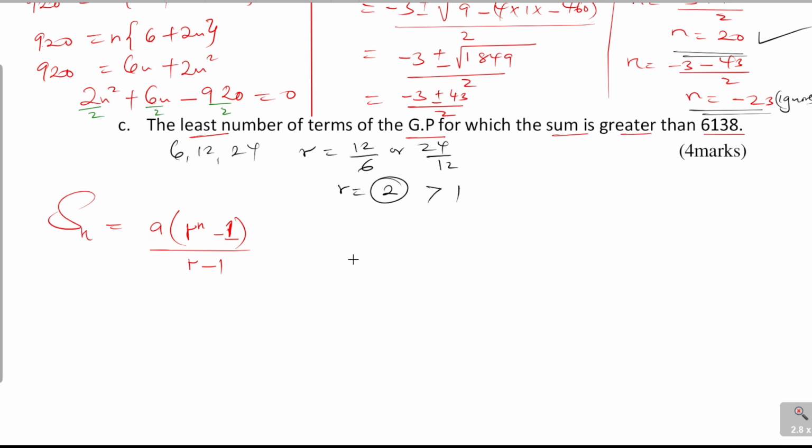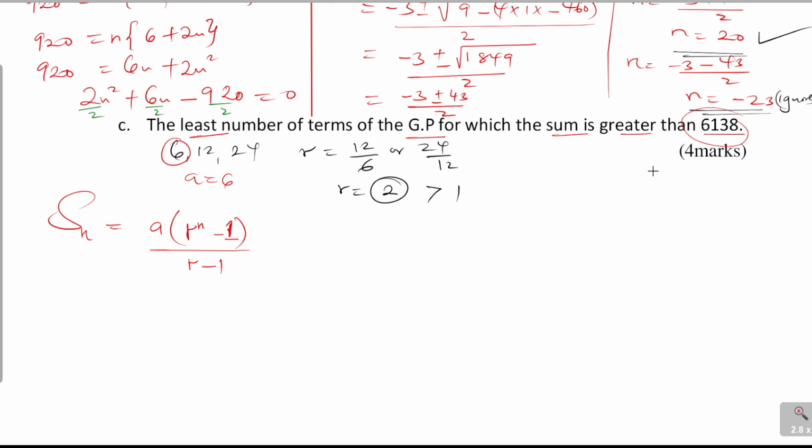So we have the common ratio as 2. The first term is 6 of this GP. Then we have the sum that is given. First of all, because we want to get the least number of terms that is going to give us the sum that is greater than, first we will get the number of terms that will give us the sum of 6138.